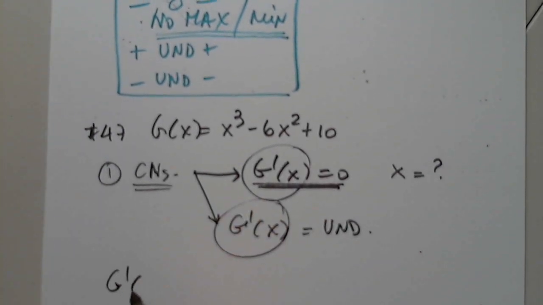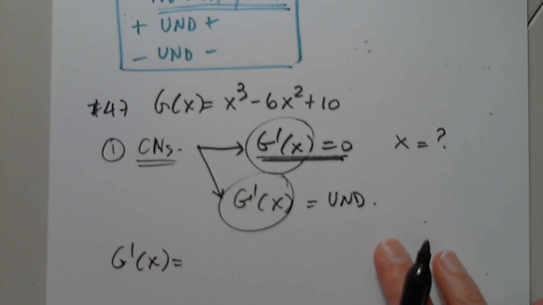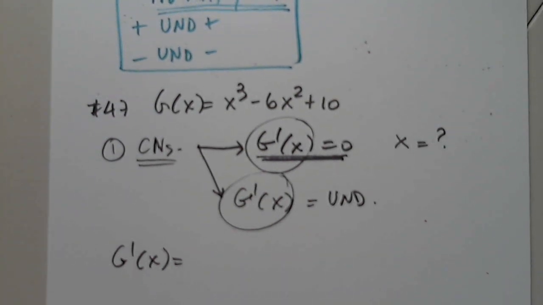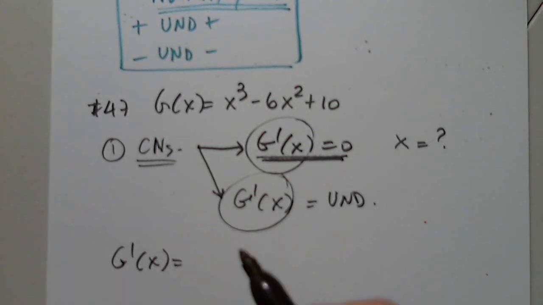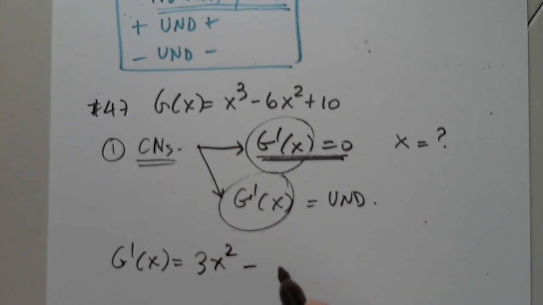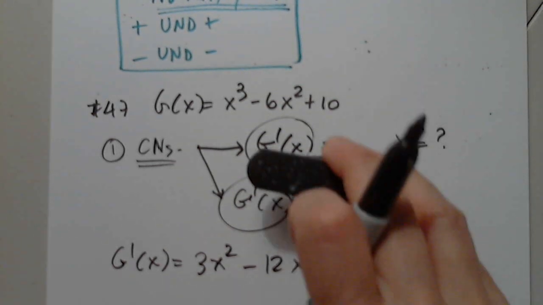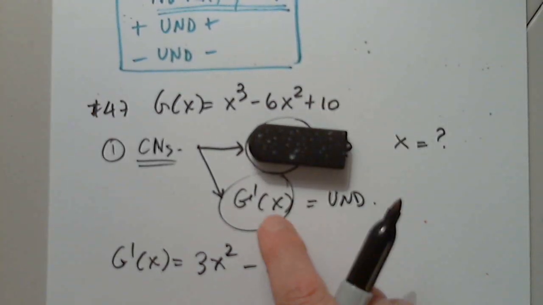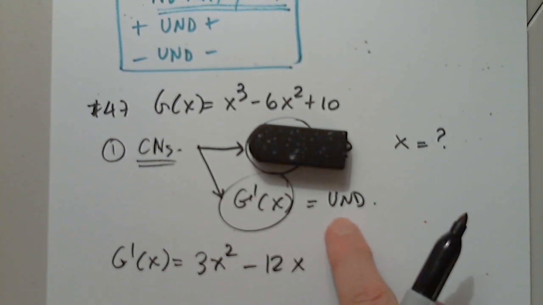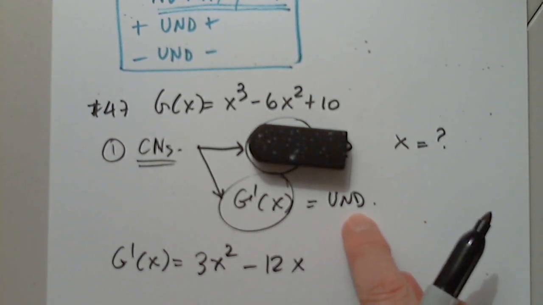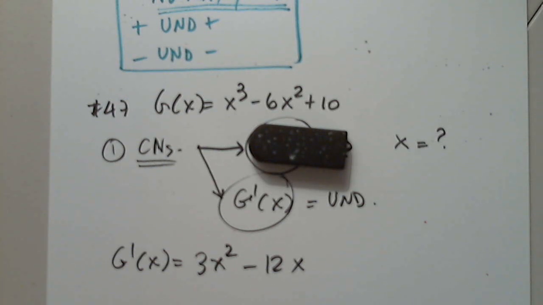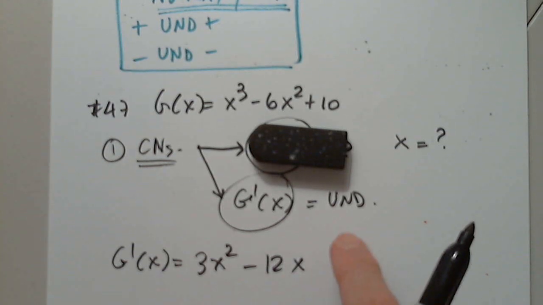So both of them refer to g prime. Can anyone give us g prime of x for this function? We should not have any difficulties with this. We should just write the derivative. What is it? 3x squared minus 12x. Excellent. Perfect. Let's discuss this possibility first. Can this function ever be undefined?